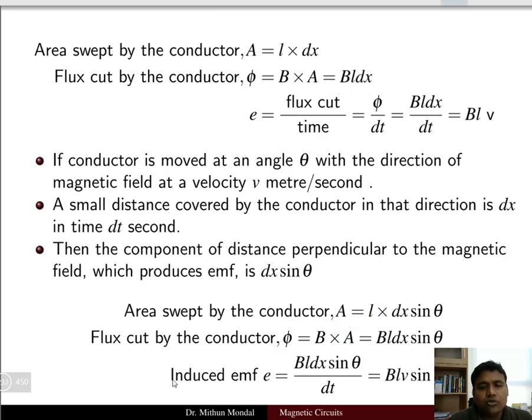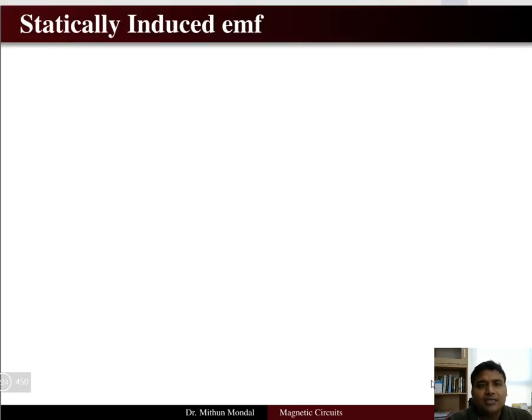Then the induced EMF that you are getting is basically BL dx sine theta by dt, which is equal to BLV sine theta. So here you were getting a voltage EMF BLV when you had not taken the direction into account. Here you have taken the direction into account. So the induced EMF is BLV sine theta.